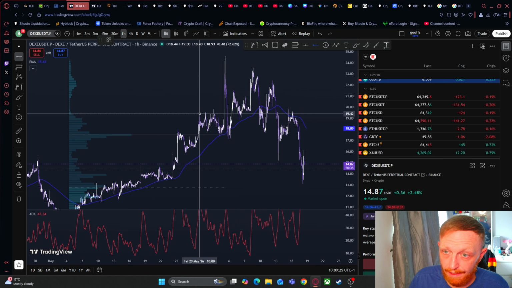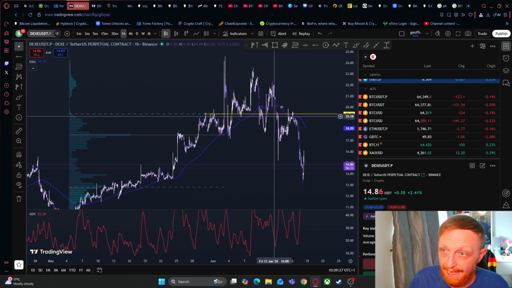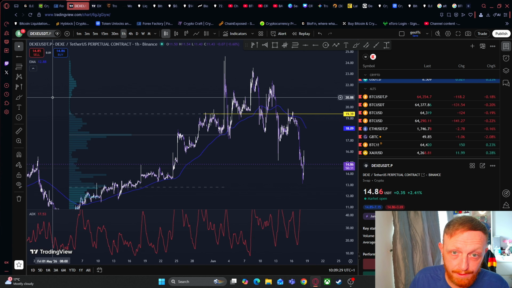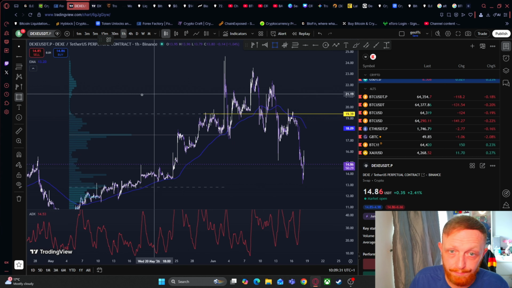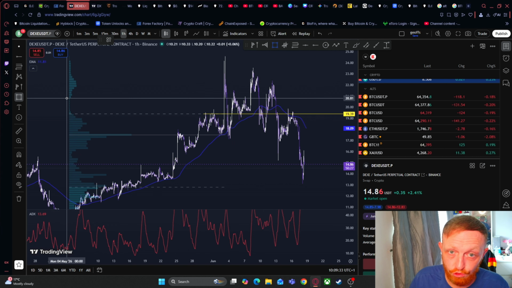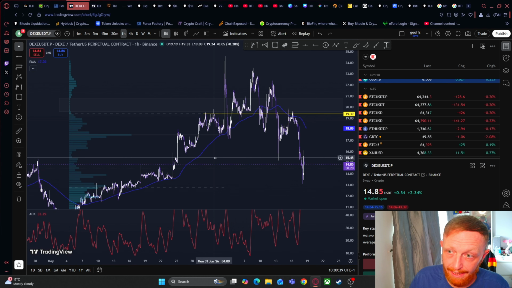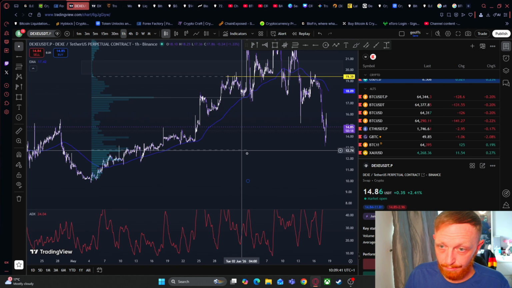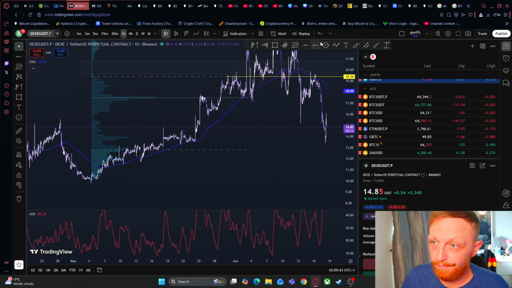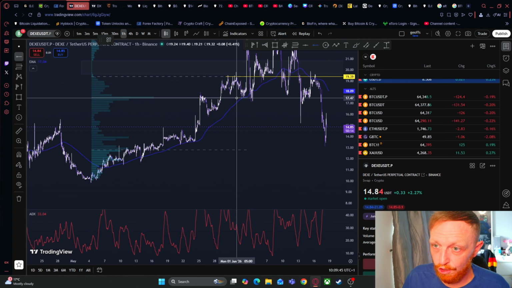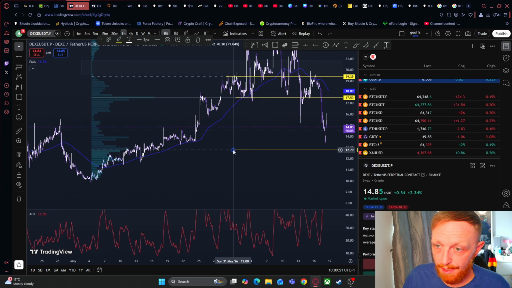So I'll mark out that high, mark out the gap, because I know there's no trading activity whatsoever in the gap. That gap there. And then I'm looking at the low. So point of control as TP, value area low, main TP.